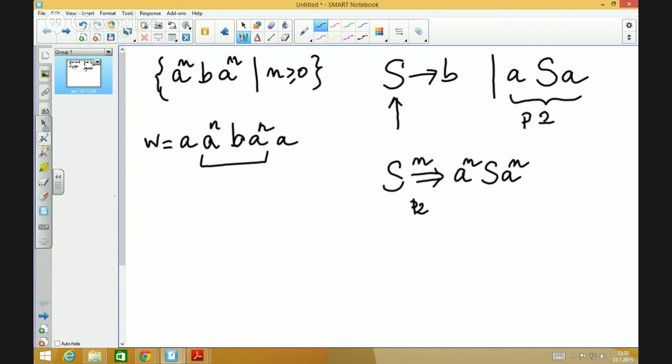Now I want to put the B in the middle. I'm going to use production 1, which is this one. I put the B in the middle using that production by rewriting the S in the middle with the B, and I'm done. The only thing that changes is how many times I repeat the use of production P2. The longer the string I want to generate, the more times I need to put A's at the beginning and at the end.